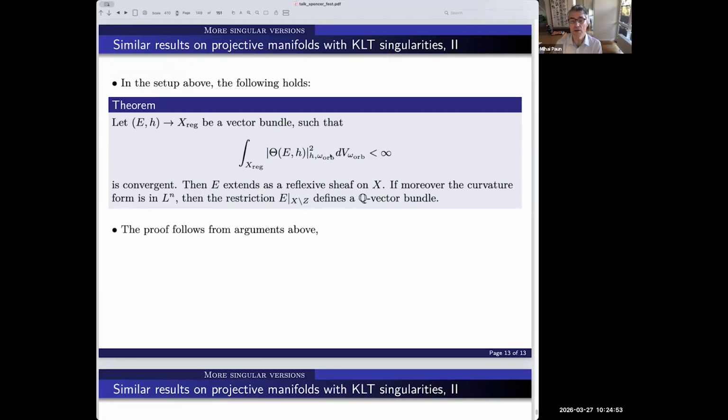Again, we take advantage of the fact that we control the Ricci curvature of this metric, combined with a very important result due to Cheeger–Colding, namely the slicing theorem. On a generic slice, the curvature will still be L2, and then we can extend it, and this is where Uhlenbeck–Yau's result comes into the picture.